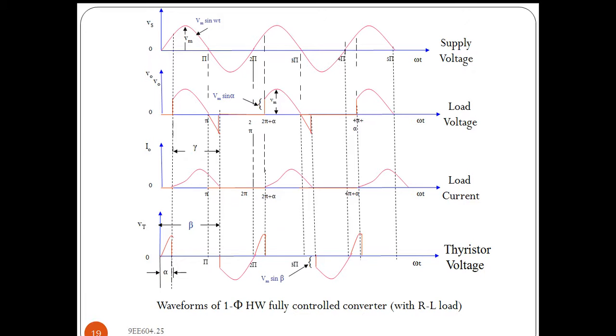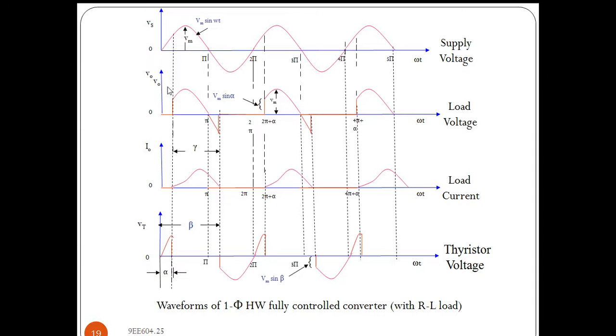So this is the operation of the single phase half wave controlled converter with RL load: the supply voltage waveform and the load voltage waveform. The only change here is that we are getting negative spikes. Because of that, the average output voltage will decrease. This is the current waveform.